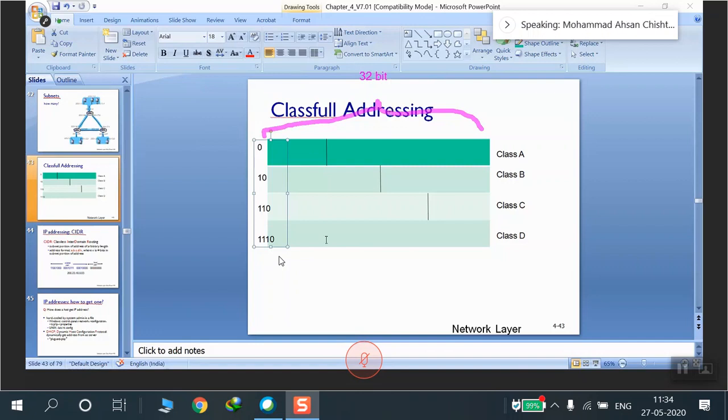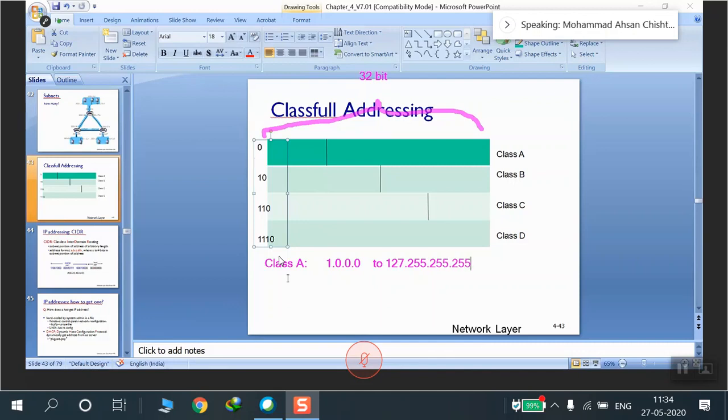And to begin with, let's say class A would start from 1.0.0.0, the first address that we have, to 127.255.255.255.